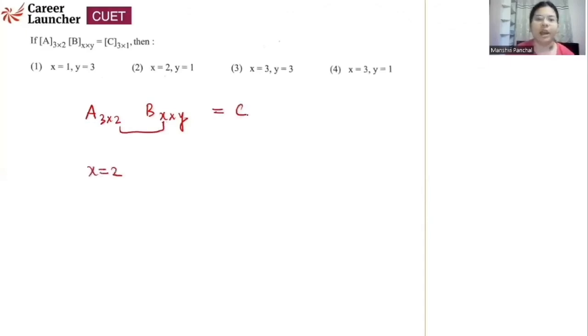And then you have been given that the resultant matrix C is 3 cross 1. What is the resultant matrix order? It will actually be 3 cross y, right? So if we compare it, then y is equal to 1. So option 2 is the correct answer.